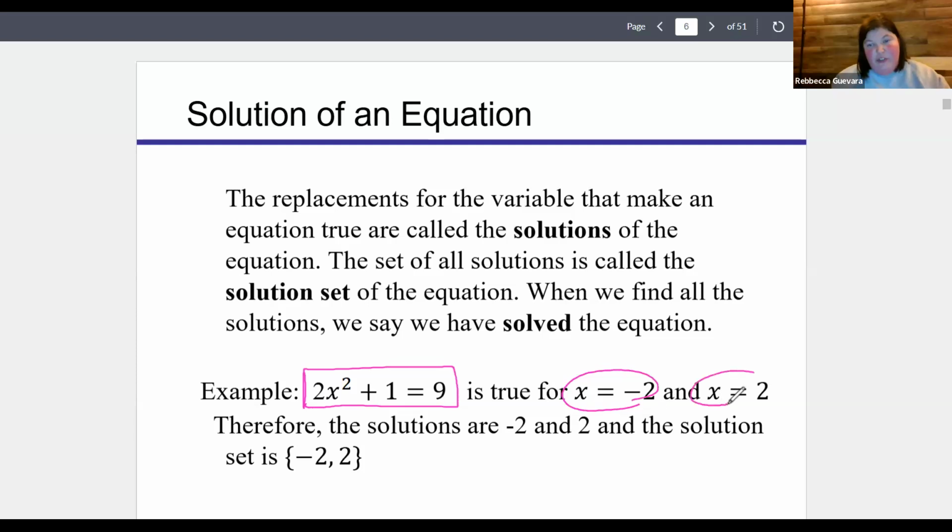So these are both solutions. Therefore, the solution set is this. Our solutions are -2 and 2, and our solution set, we write like this. We're going to talk a little bit more about sets later, but right now, we're just going to call that our solution set.